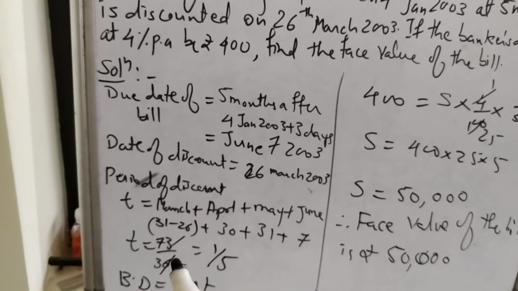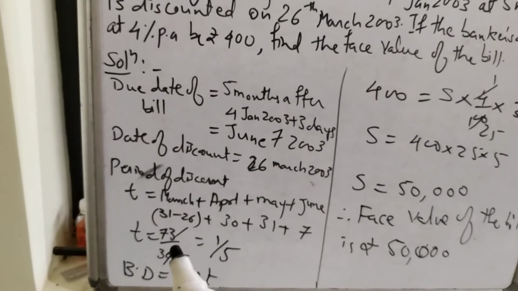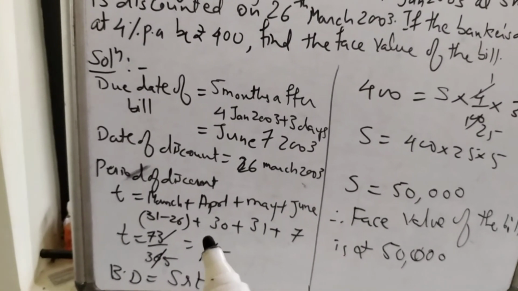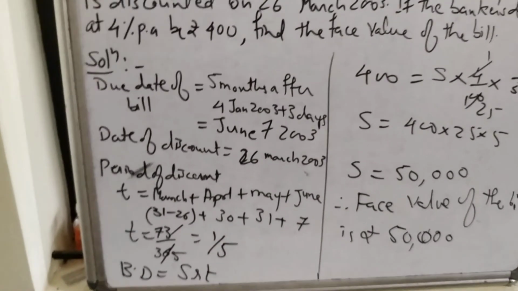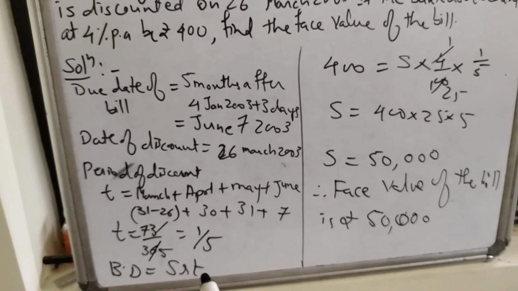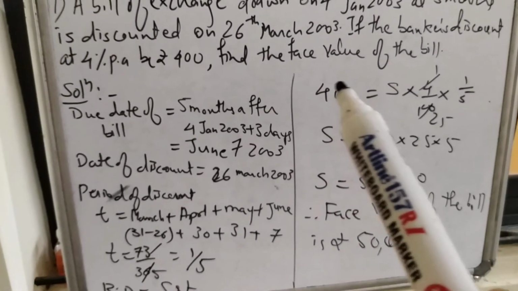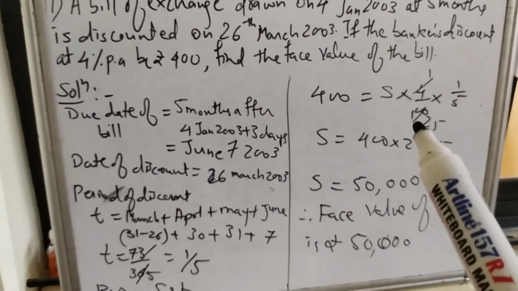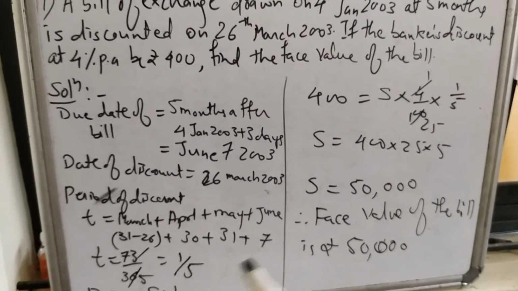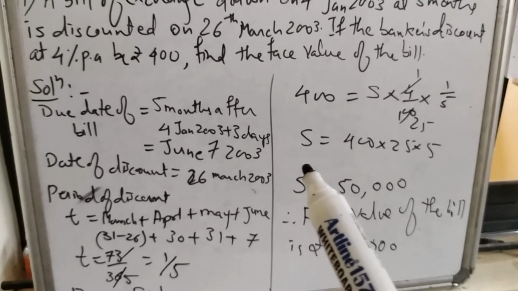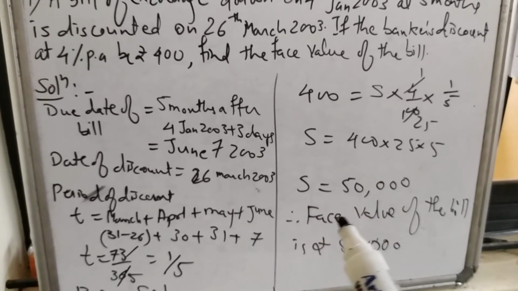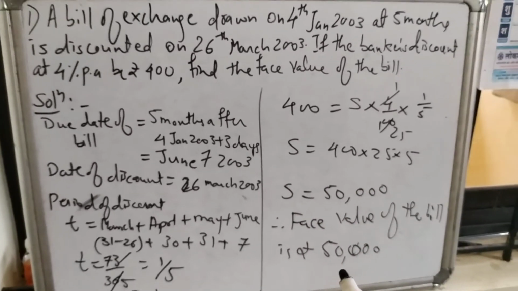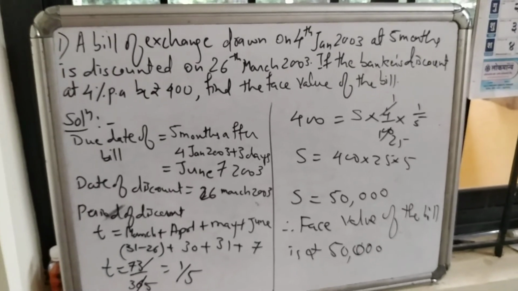It comes to 73 days, and T is taken in terms of number of days, so we get T as 1 upon 5. By substituting in the BD formula SRT, we are given BD as 400, S we don't know, R is the rate of interest 4 by 100, and the time period is 1 by 5. Calculating the fraction, we get the face value of the bill as rupees 50,000.